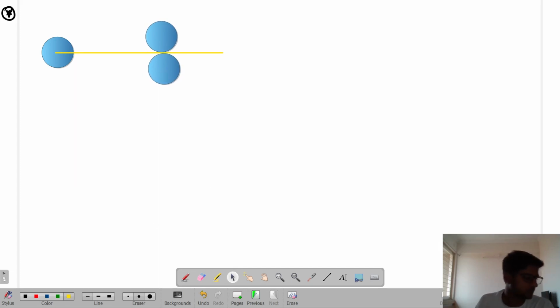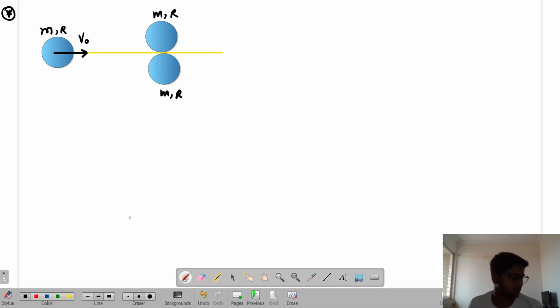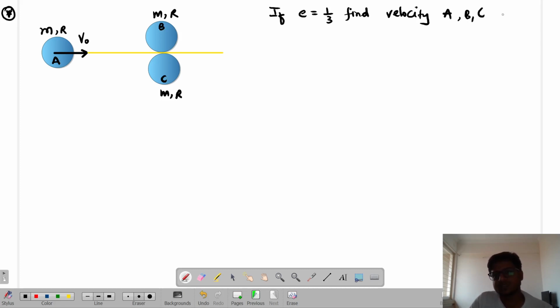Each has mass m and radius r, and this one is projected with velocity v naught. Got it? The question is, if e is equal to 1 by 3, find the velocities of, let's suppose this is A, this is B, and this is C, A, B and C after the collision.